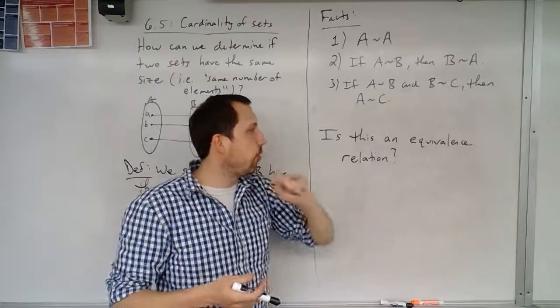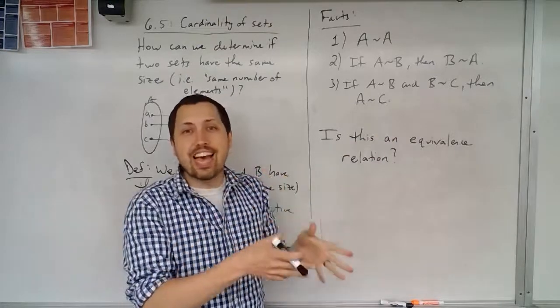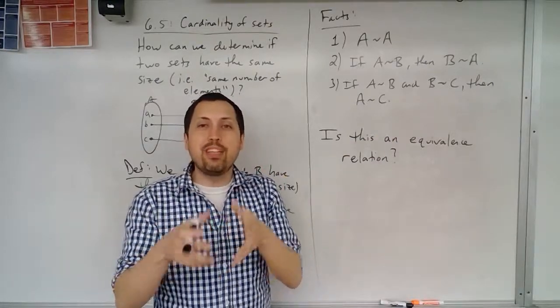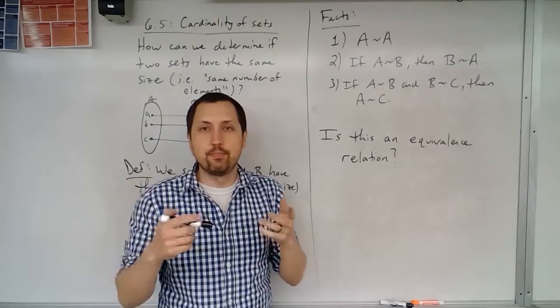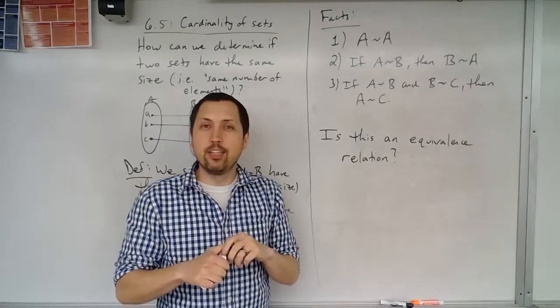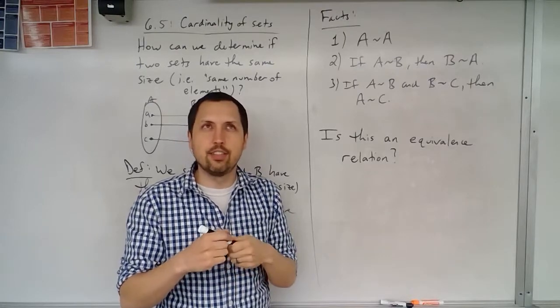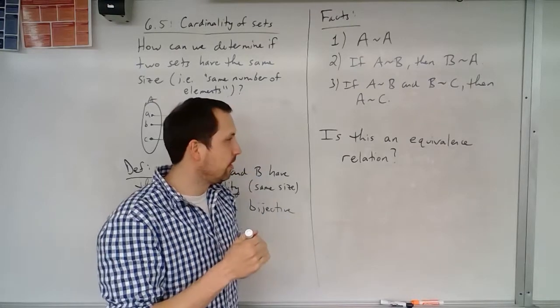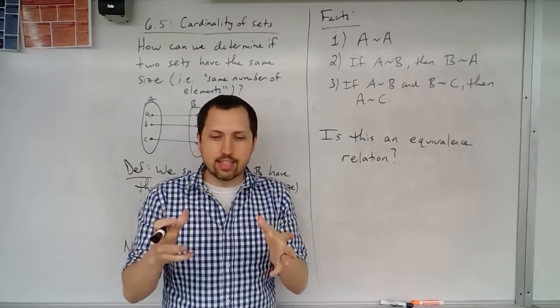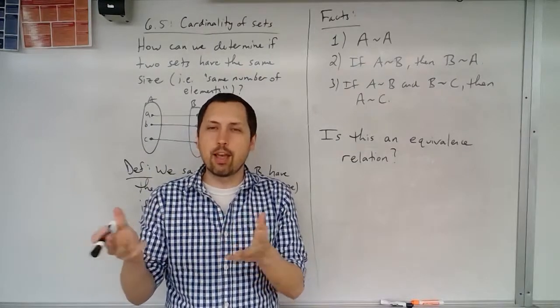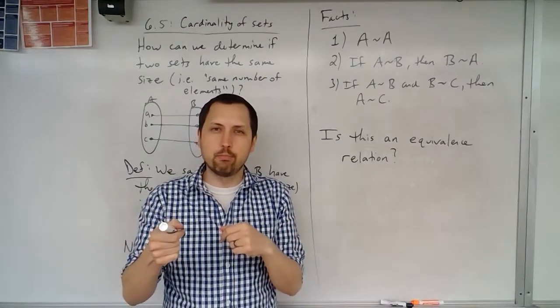So if this is an equivalence relation, then the set that it's defined on would be the set of all sets. So maybe your brain hurts when you think about what is the set of all sets. The set of all sets means that it's the set that consists of all the sets. Okay, that's not too bad. We'll see what happens.